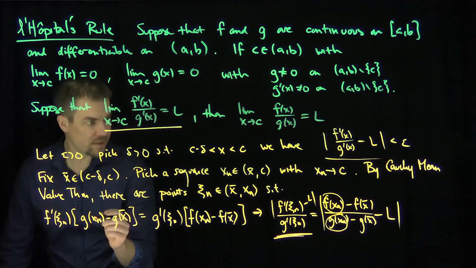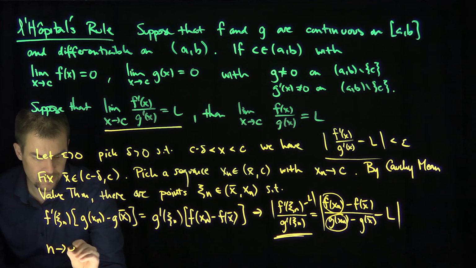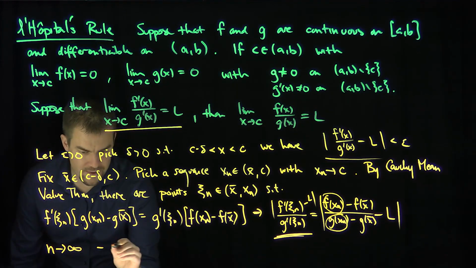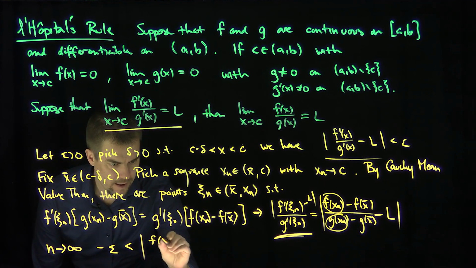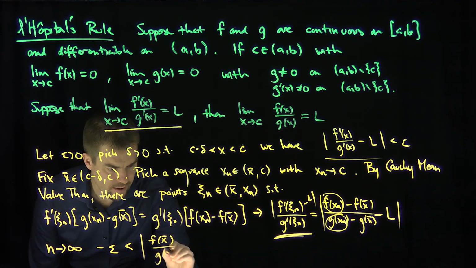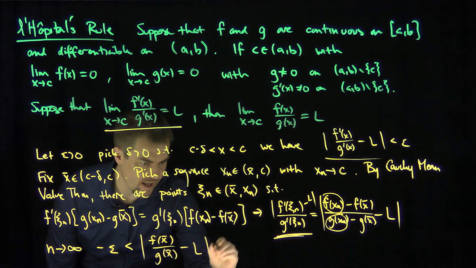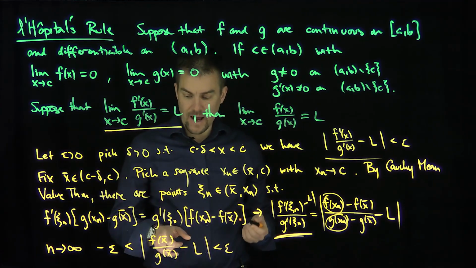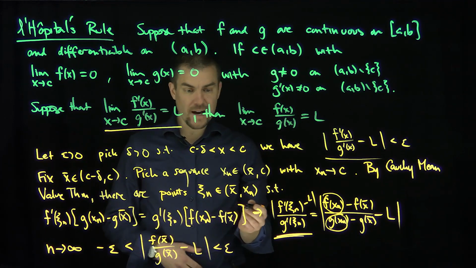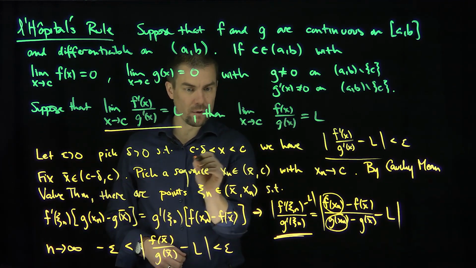So what this tells me is that as n goes to infinity, we have the inequality that negative epsilon is less than f of x bar over g of x bar minus L, less than epsilon. And where does this x bar reside? This x bar resides in this interval over here.